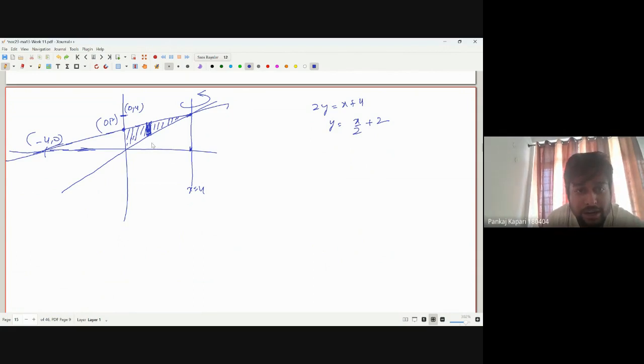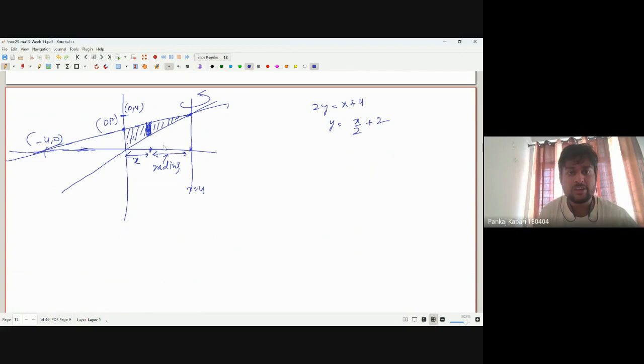So what is the height of the cell? At a distance x, let's call this x, we have to find the radius and height of the cell. This is our axis of revolution, the line x equal to 4. That means this is the radius of the cell, right? The radius is just the distance from the axis of revolution.